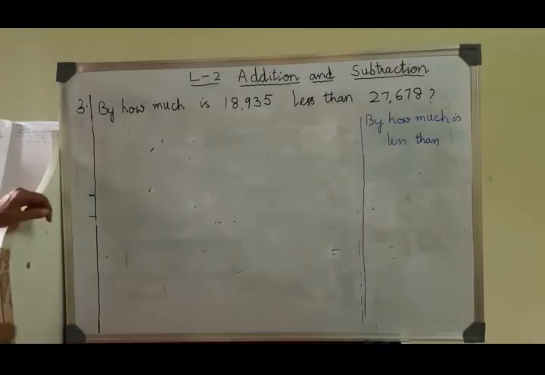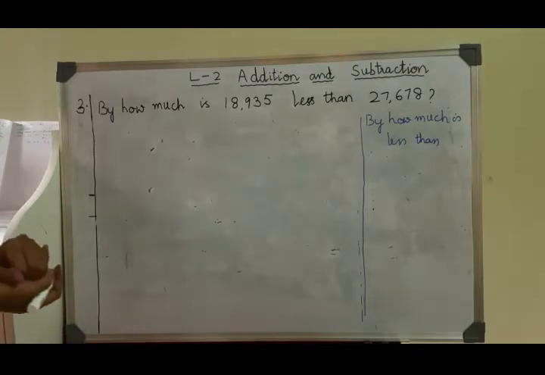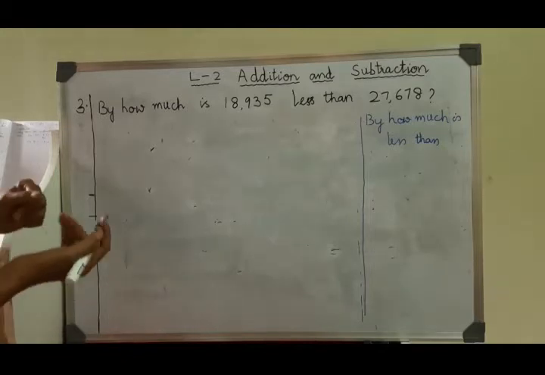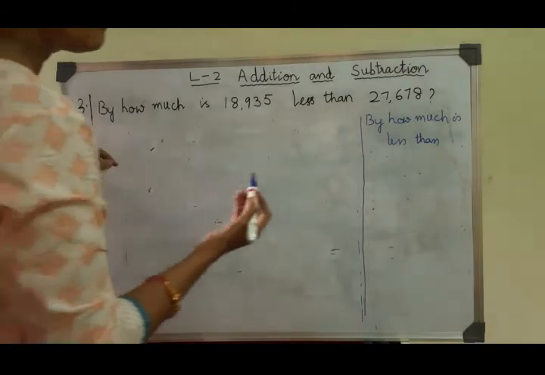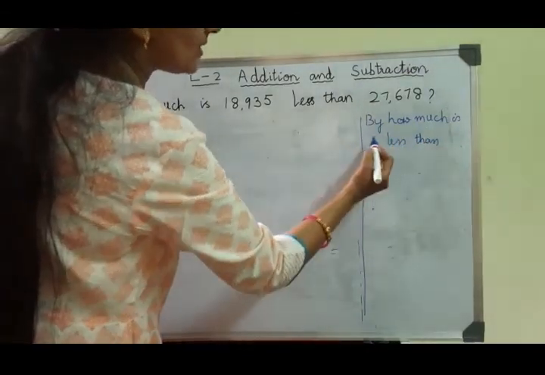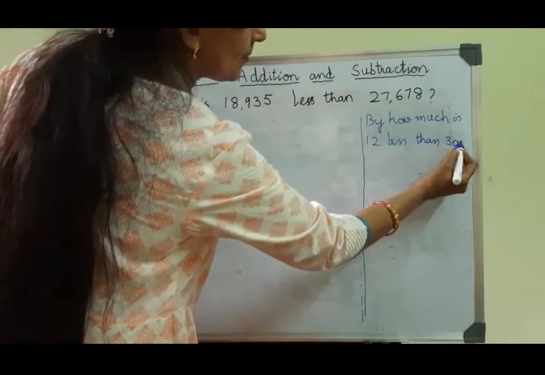We will analyze the next sum from your exercise. Here the question is, by how much is 18,935 less than 27,678? Now we will analyze the sum with small numbers. By how much is 12 less than 30?